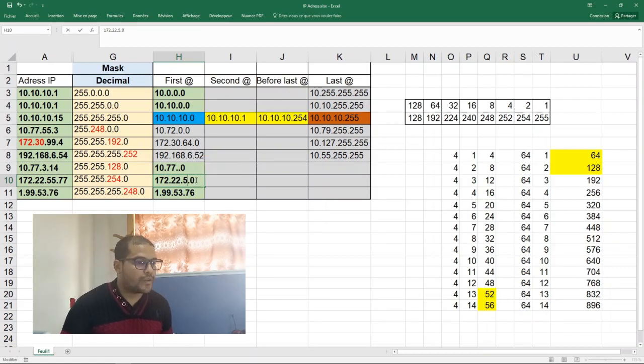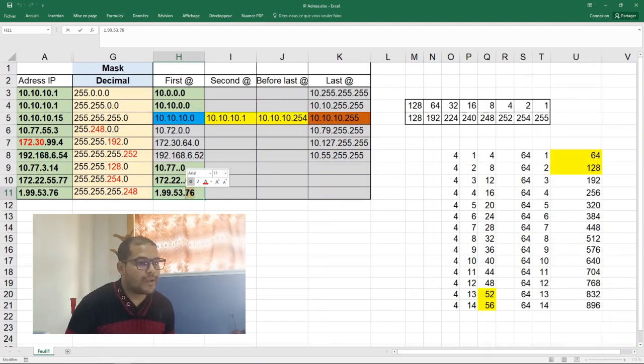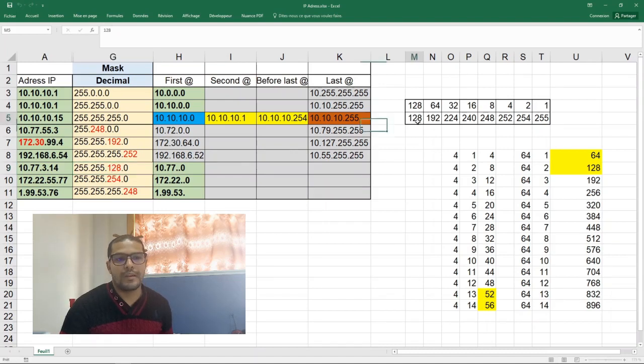And the last one, I'm going to look at this octet in here. So for 128, the corresponding number is 128 also.